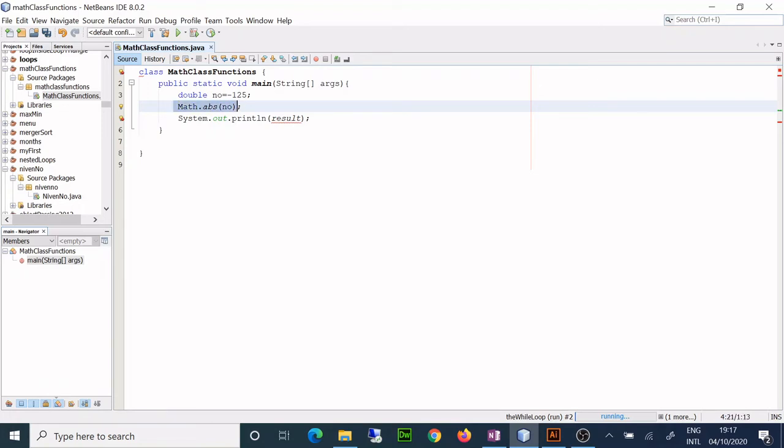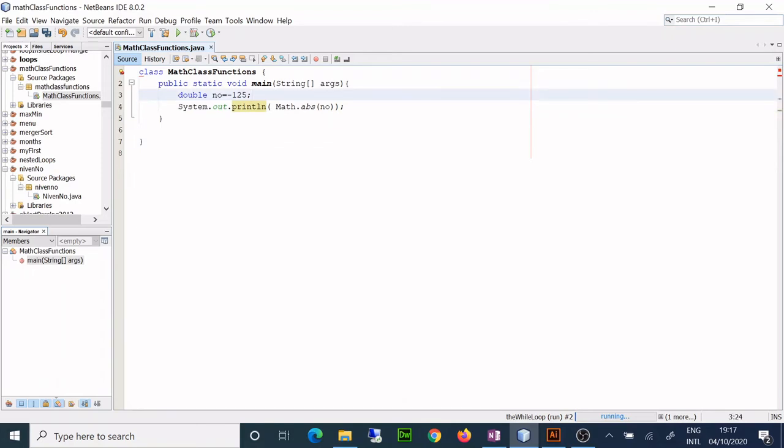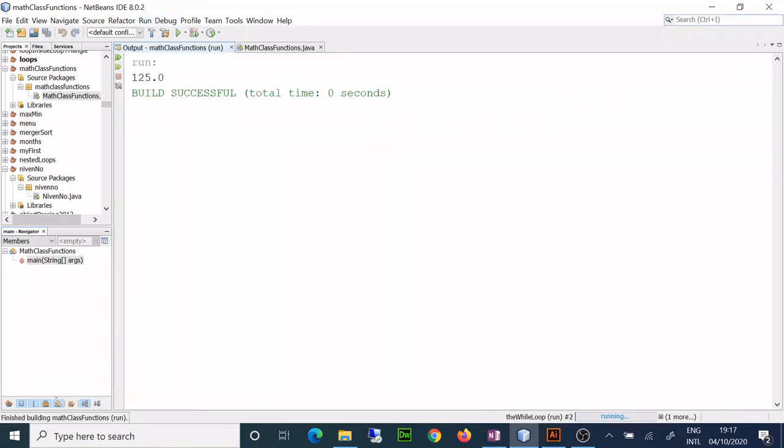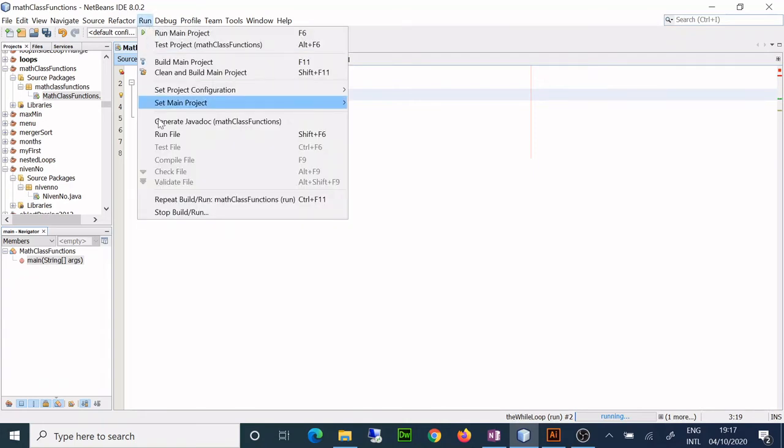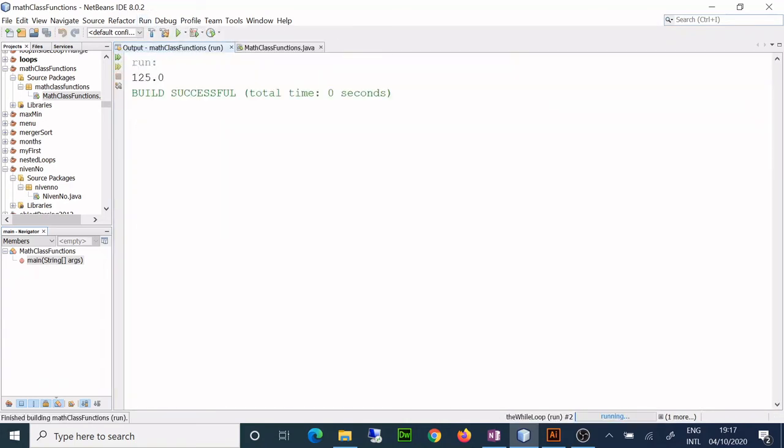So I'll cut and paste it here. And if I run it, since that value is double, it is returning me double. If it is plus, it will remain as it is because the plus sign is anyway not shown anywhere.